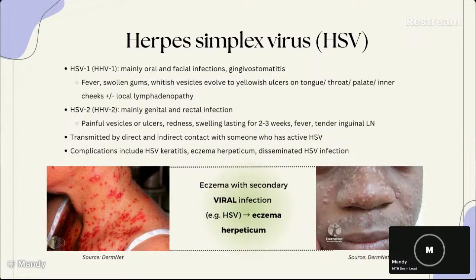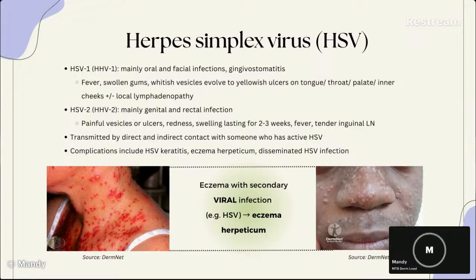It's not one singular lesion; they are scattered around, and these patients can be quite unwell. They are seen in patients who have eczema and then get a secondary viral infection of HSV on top, which causes these presentations of eczema herpeticum.